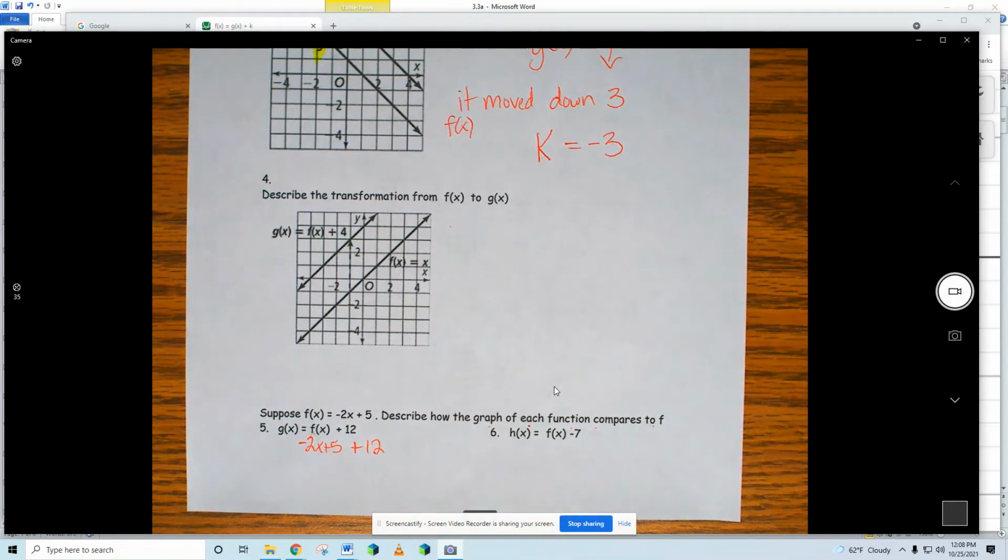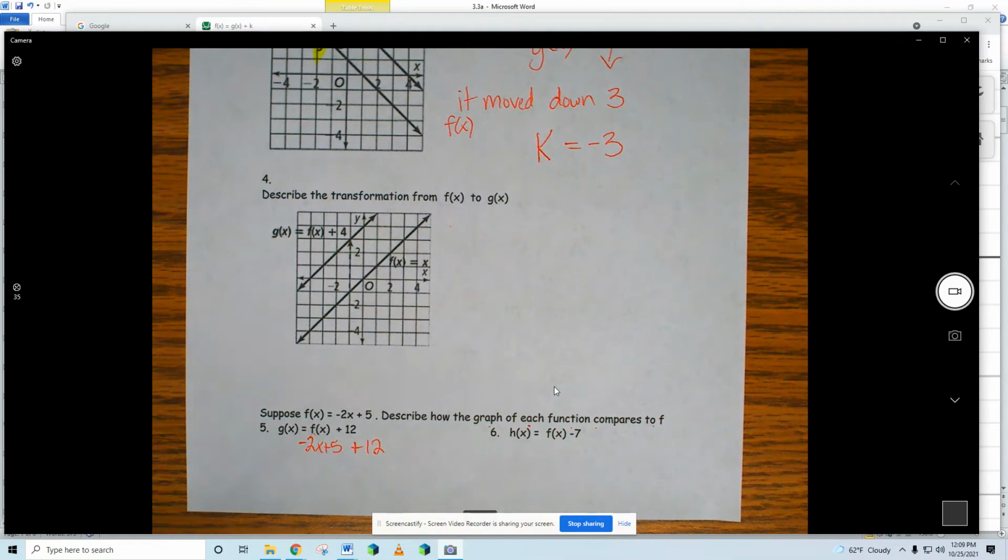So my f of x was negative 2x plus 5, and then I said I want you to add 12 to the equation. So we're adding 12 to only the 5. This equation, negative 2x plus 5, has a 12 added to it. So simplify that. What is negative 2x plus 5 plus 12?